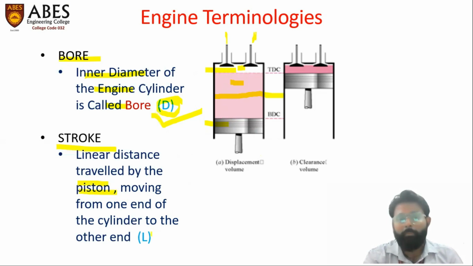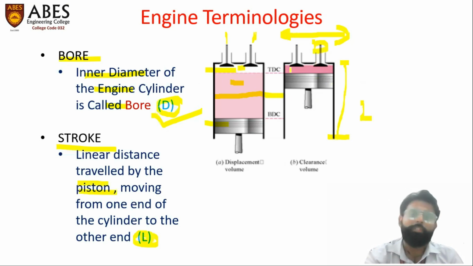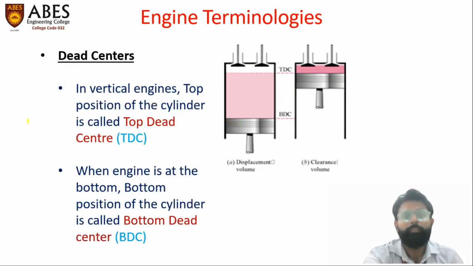It is represented by the letter L. L here stands for length, from this point to this point. And D is the diameter. So D and L, diameter and length, are referred to as bore and stroke in the automobile and engine terminology.